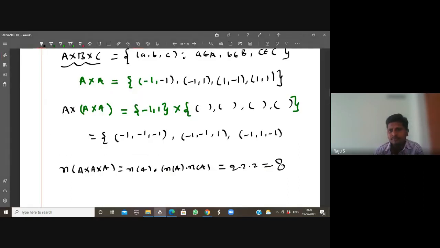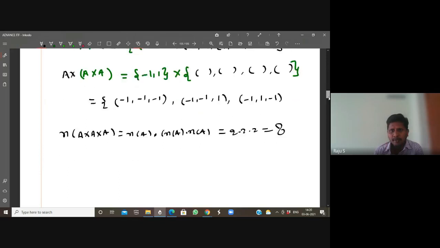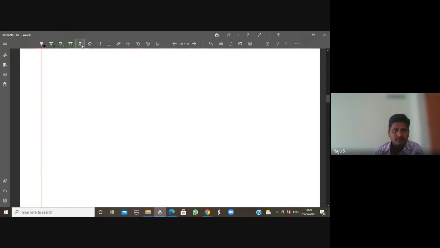Look at here. These are the properties. We have to verify the property. What is the first property given? A cross (B intersection C) is equal to (A cross B) intersection (A cross C).